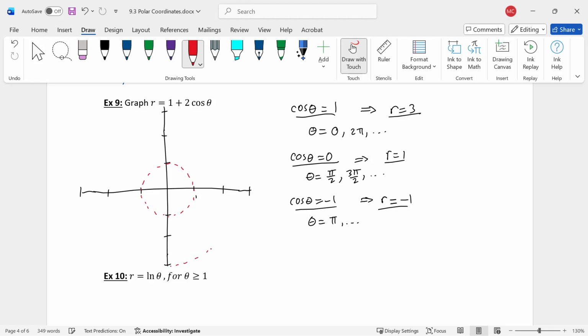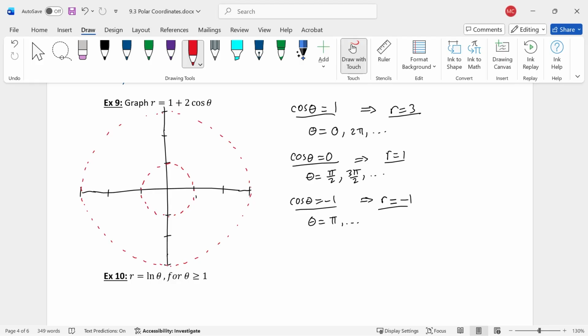A couple of reasons why I really suggest that everybody go through the trouble of drawing out these circles for your different radii, and the lines for your angles, is because it's going to make it easier for you to keep track of what you're doing, but also easier for someone to interpret what you're drawing.